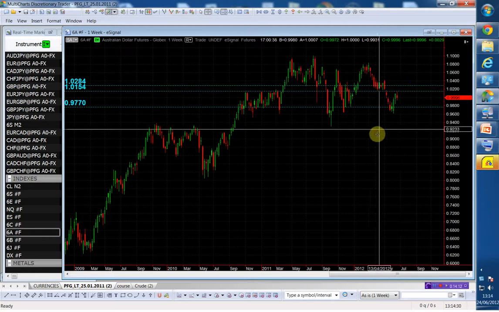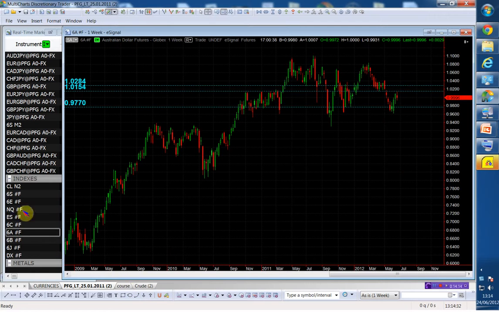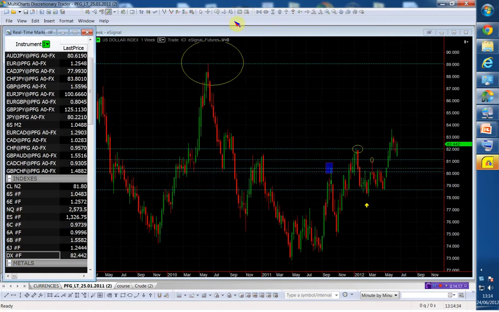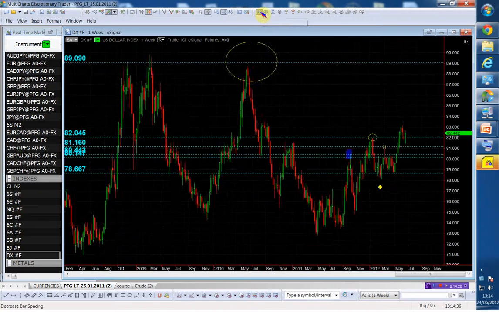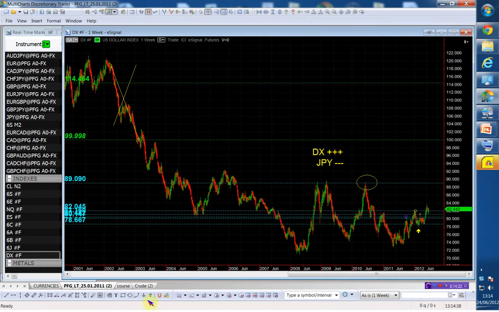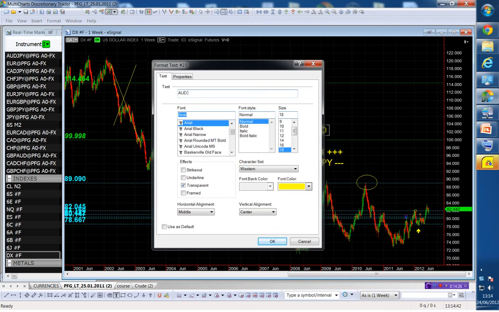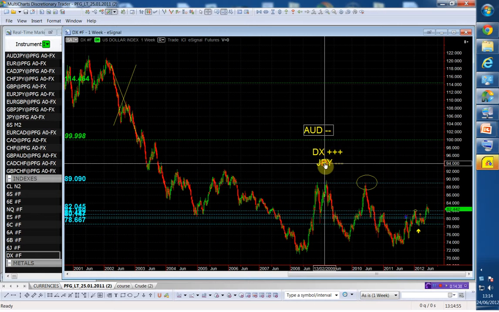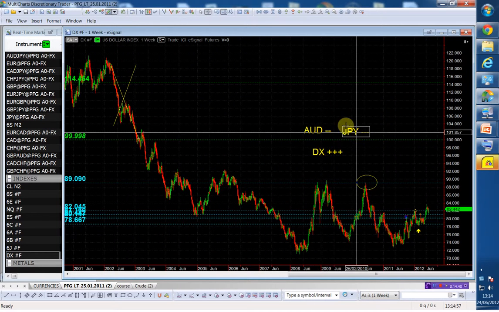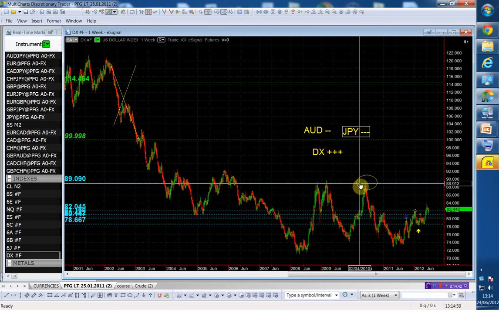So with that, we are going to continue with the Australian as negative, and we're going to give it 2 negative points, not as weak as the Japanese yen. The Japanese yen has broken through a structure, so it is much weaker than the Australian dollar.